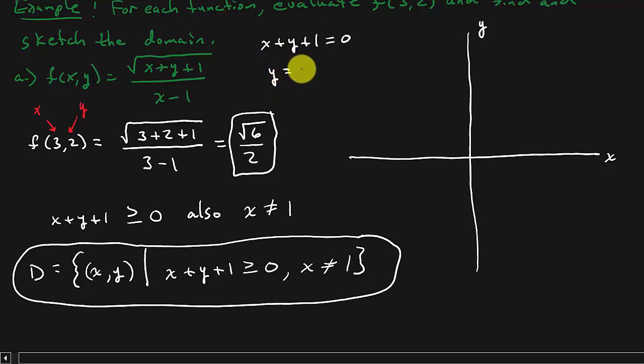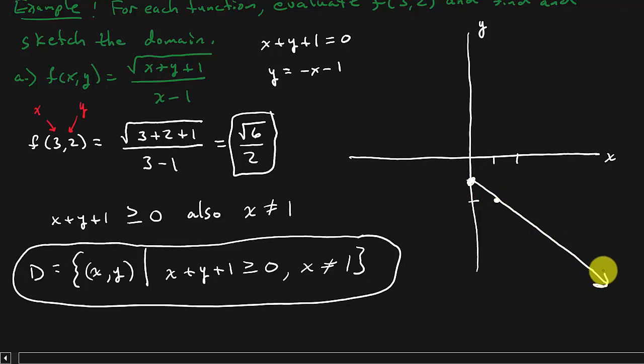Well, I can say y is equal to negative x minus 1. Just go ahead and solve it for y. Makes it easier to graph. There's your y-intercept. Y is equal to negative 1. My slope is negative 1, so that means I'll go down 1 and to the right 1. And there's another point on the line.